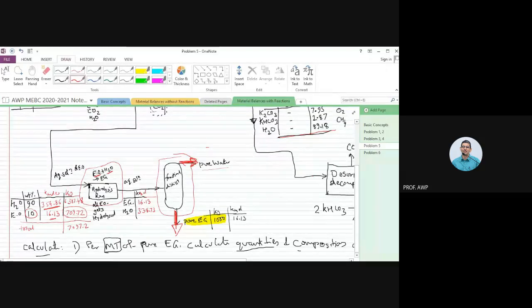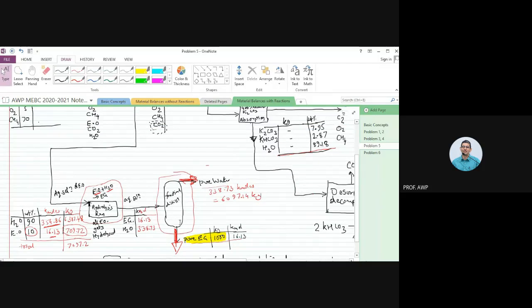Since no water is going in this stream, all the water must be going out of this fractional distillation column. So 338.73 kilomoles is 6097.14 kilograms.